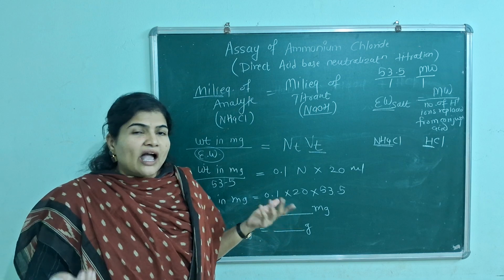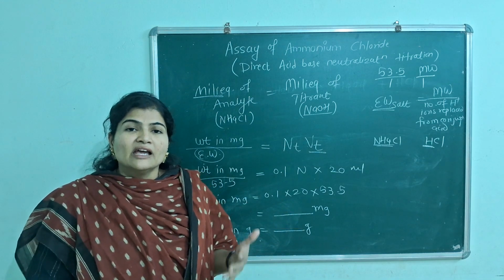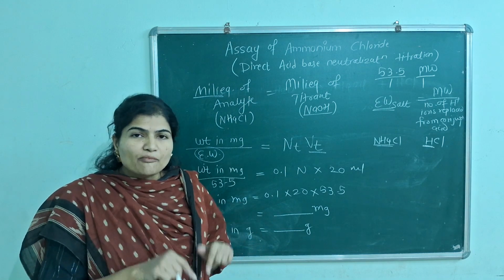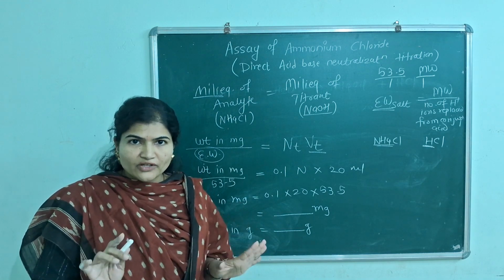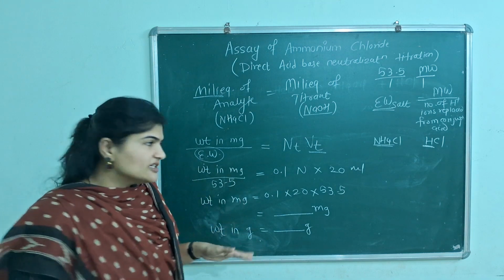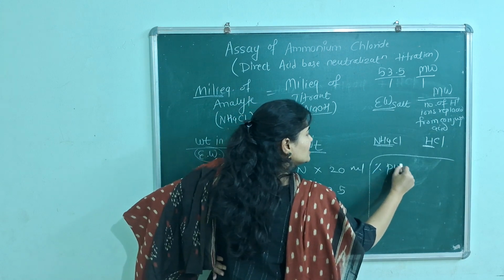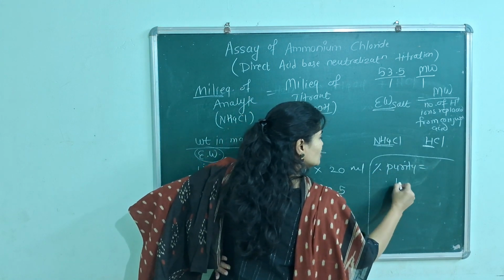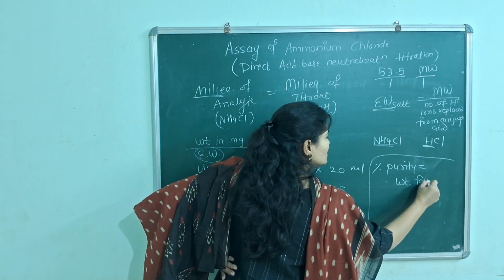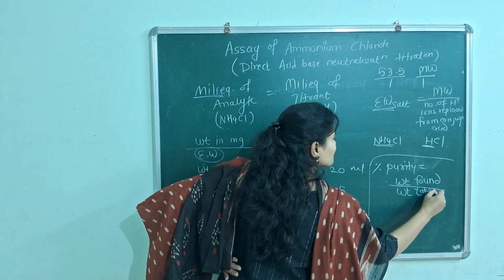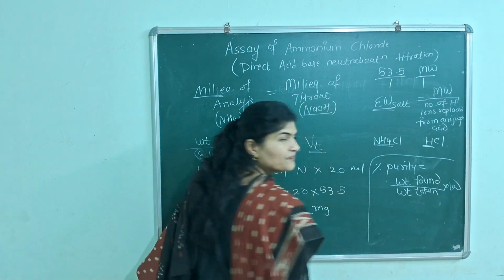So this is like I have written a 100 marks paper and I have got 70 marks. So what is my percentage? 70 upon 100 into 100. This is what we do, right? So similarly for percent purity calculations, percent purity is equal to weight found upon weight taken into 100.